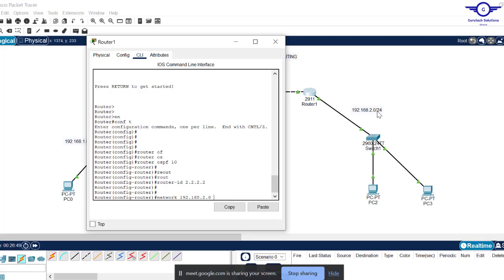/24 notation is equivalent to 255.255.255.0. So you don't use that one, because we are trying to adopt all the best design practices. We now want to use wildcard mask. So the wildcard mask of /24 notation is equivalent to 0.0.0.255, as we calculated here.